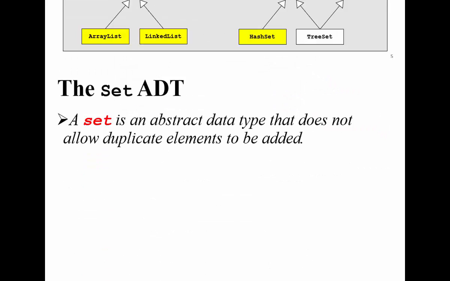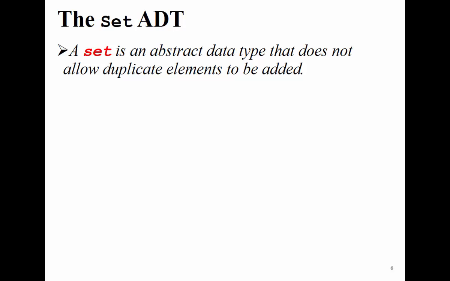Today we're going to go over the set a little bit quickly and discuss what is the characteristic of the set interface that is different from the list interface. And when do students decide to switch from using list to using set? Why? What's the difference between list and set?